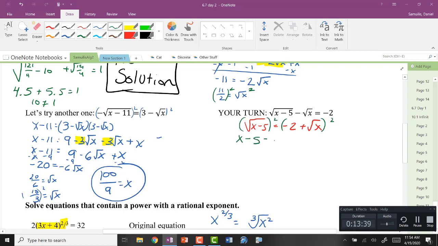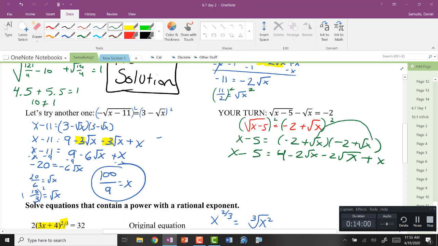So we get x minus 5 equals (-2 plus square root of x) times (-2 plus square root of x). We get x minus 5 equals positive 4 minus 2 square root of x minus 2 square root of x plus x, because again, square root of x times square root of x is just x.